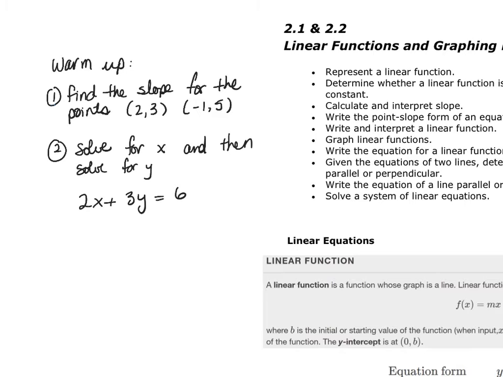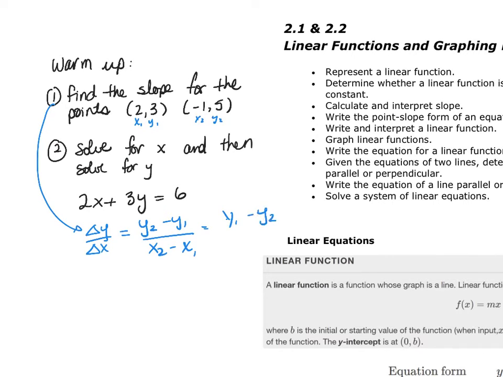If we're asked to find the slope between 2 points, then what I do anyways is label these x1, y1, x2, y2. The only reason I do that is so that I keep track of the fact that the slope, the change in y over the change in x, is equal to y2 minus y1 over x2 minus x1, or equivalently y1 minus y2 over x1 minus x2.